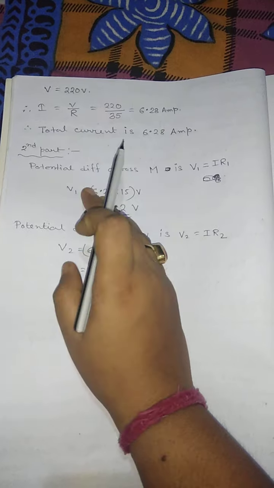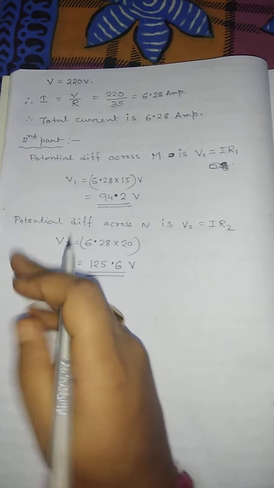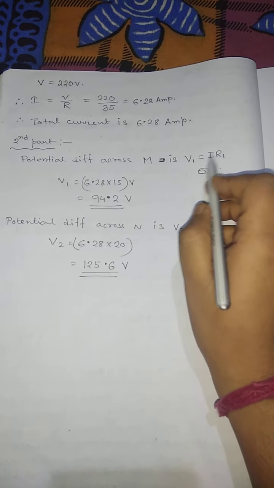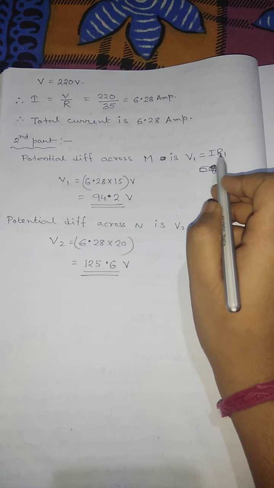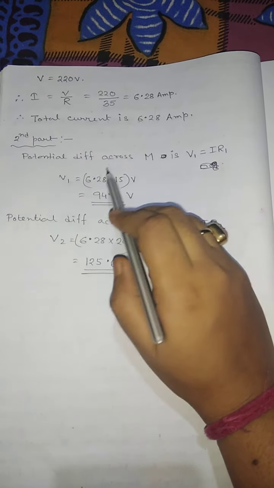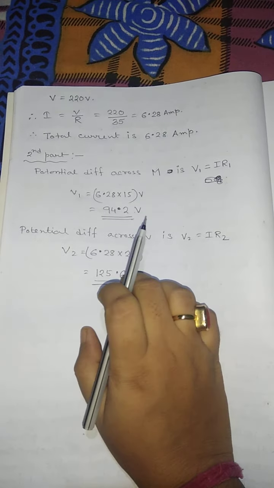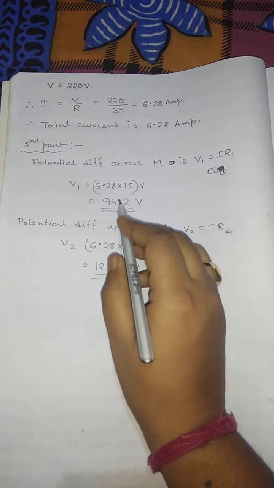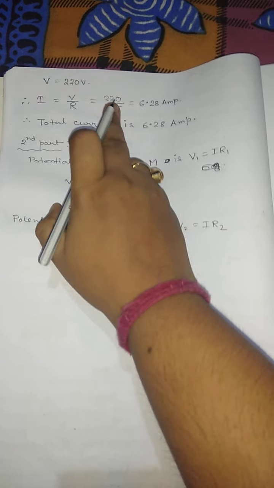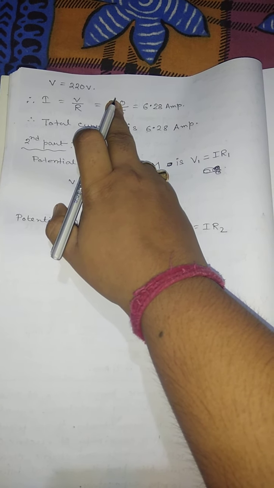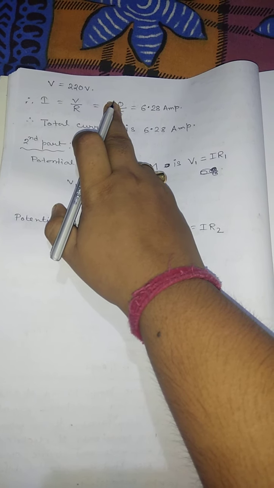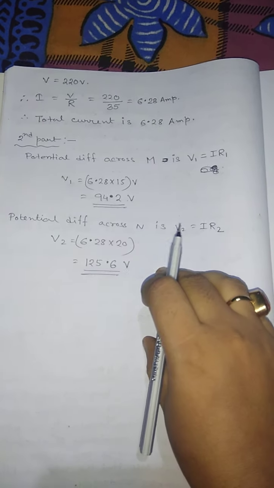Now the second part, potential difference across each, that is V1 and V2. V equals I into R, so V1 equals I into R1. So I means this one, R1 means 15. So we get V1, and V2 equals this. How can we understand whether this is okay or not? If you add these two, you get the total, that means 220 volt. That is the total potential across the two resistors.